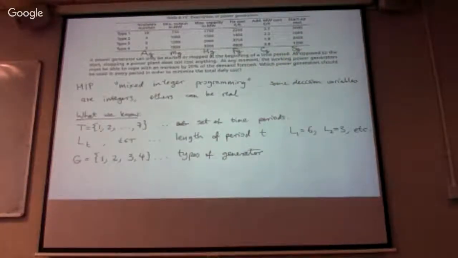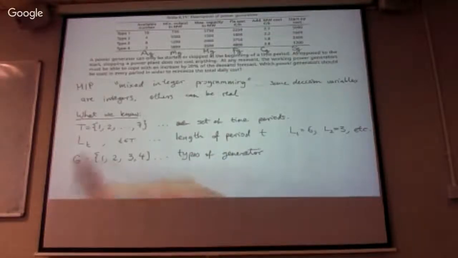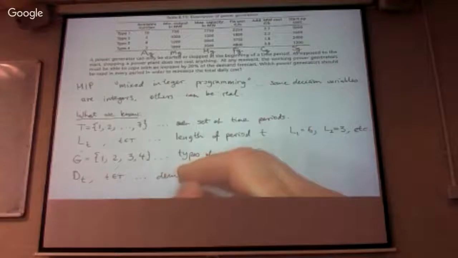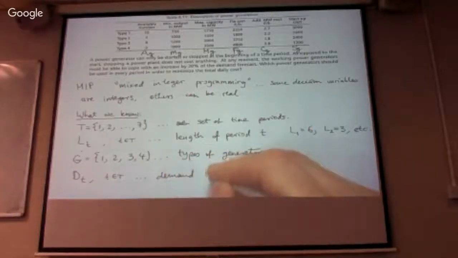So G is 1, 2, 3, 4. I'm just using letters so that I could write the constraints more concisely. And what perhaps I should have put here is that there's a certain demand in each period.